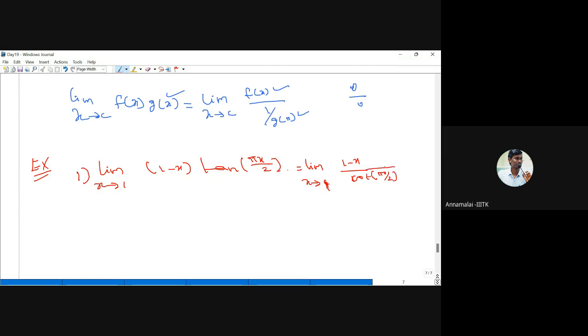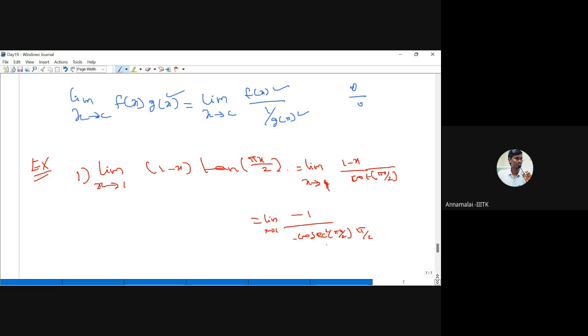Now we can simplify: differentiate the numerator and the denominator. If we differentiate the numerator, we get minus 1, limit x goes to 1. In the denominator, the derivative of cot is minus cosecant square of pi x by 2, and then the derivative of pi x by 2 is pi by 2.